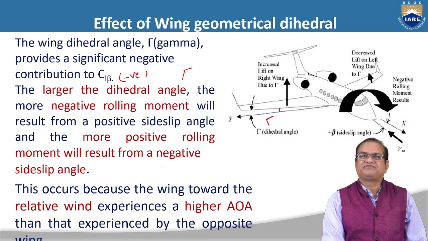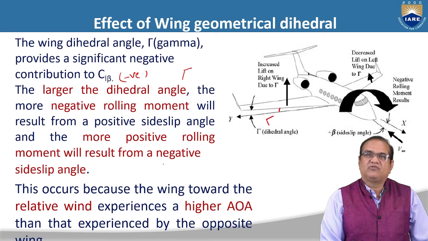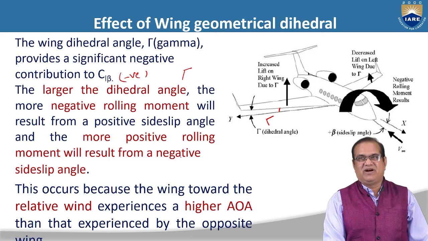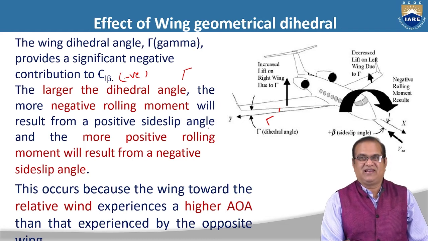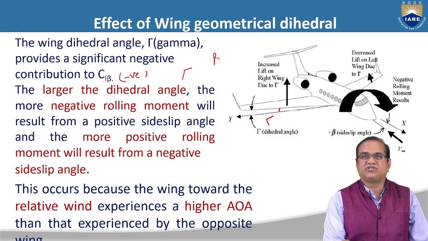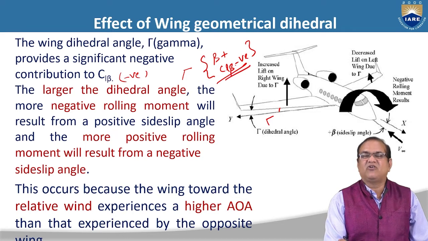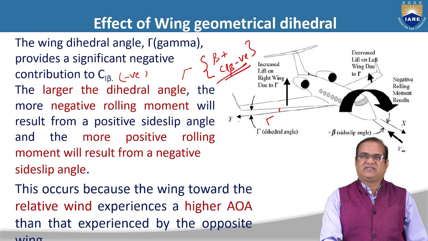So as you have the larger dihedral angle gamma, the more negative rolling moment will result from a positive side slip angle. Means if beta is positive, C_L beta will be negative. That you have to keep in mind. If it is like this, then only you will get the stability.